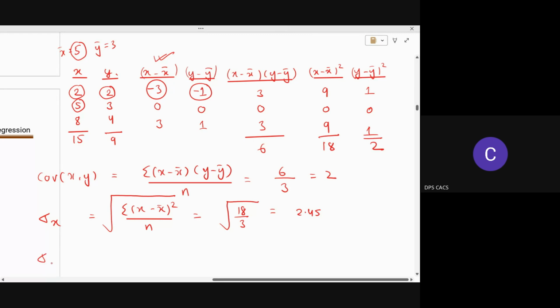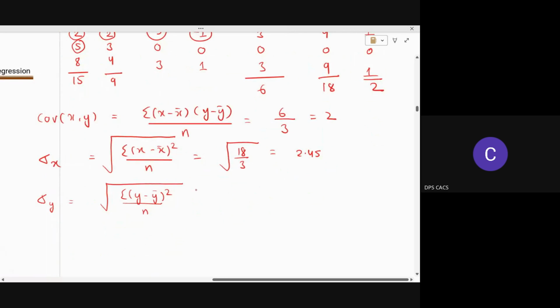And standard deviation of y. Same formula. Tell me how much? 2 divided by 3 root. 0.82 after rounding off. Everyone is getting this?